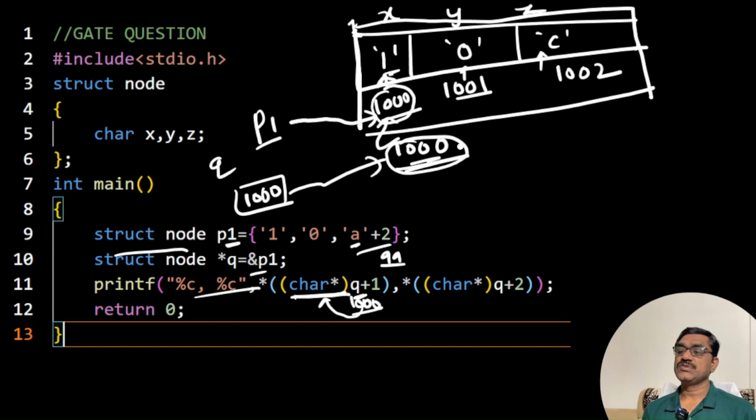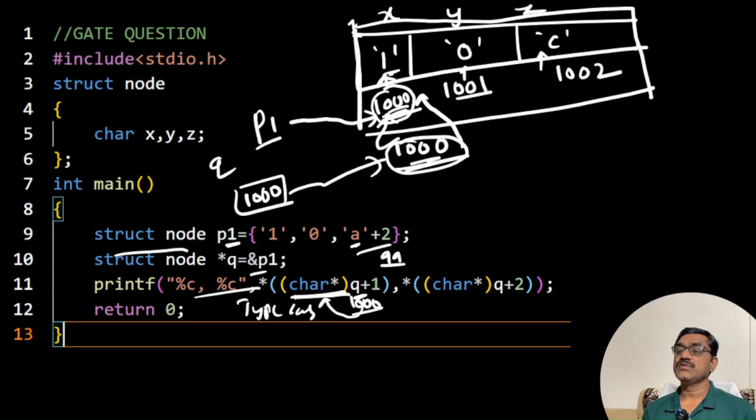Because you have to change this 1000 to this 1000, where internal 1000 is a pointer to a character. So, here we need typecasting. That's why we are converting the ordinary outer 1000 into the internal 1000, which is a pointer to character. So that's why we are using char * typecasting.